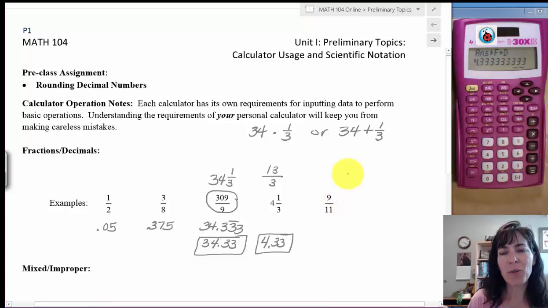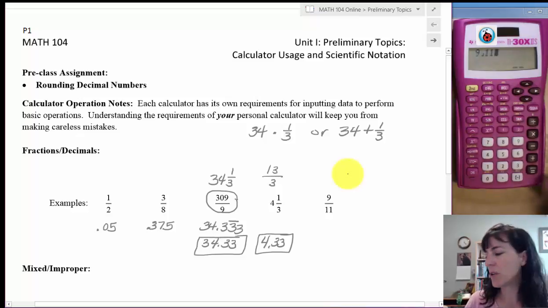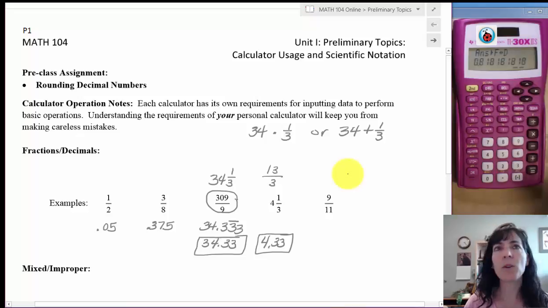All right, we have another one. Give that one a try. Try some of the different methods that I've been showing you, just so you can kind of get used to your calculator and how it works. So I'm going to do 9 fraction 11 or 9 over 11 and push enter. It can't reduce, so it's in its most reduced form. And then I'm going to convert it to a decimal.